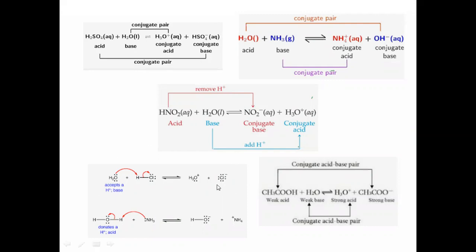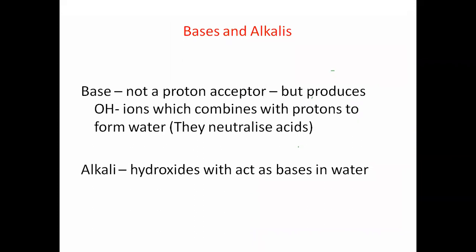Therefore, Cl minus is a weak base. That is why HCl is a strong acid. But here CH3COO minus is a strong base. That is why CH3COOH is a weak acid. So these are all the important ideas behind the conjugate acid-base pair theory.